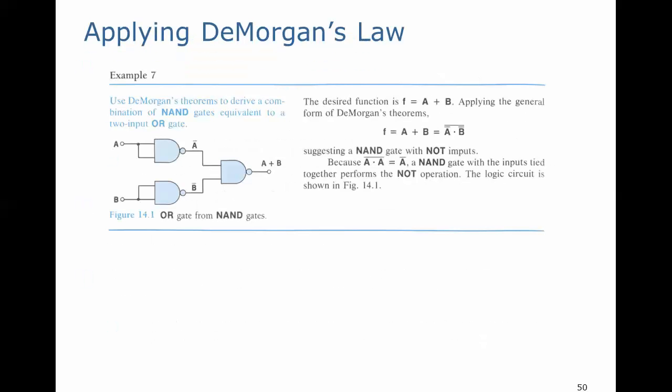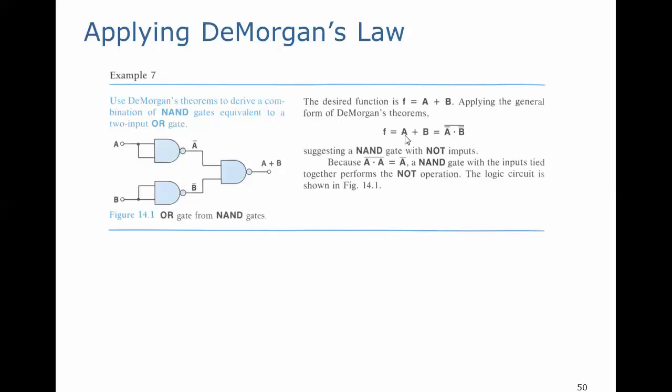So let's apply DeMorgan's theorem to derive an OR gate by using NAND gates. Okay, so the desired function here is A plus B. So we're going to apply DeMorgan's theorem, the general theorem, which says to invert all of the inputs and then change the ORs to ANDs.